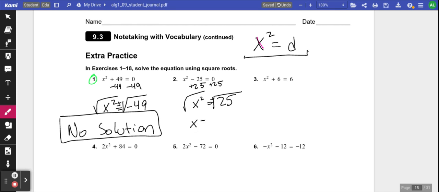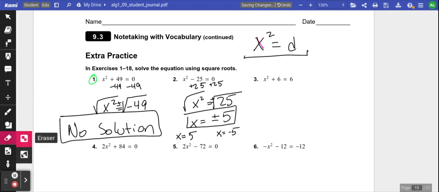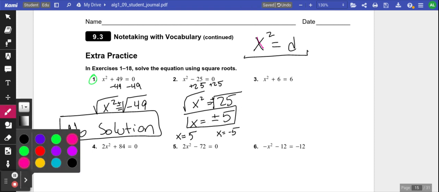So I get x is equal to positive or negative 5. You could also write x equals 5, x equals negative 5. It doesn't really matter. This is fine, and writing them out separately is also fine. It means the same thing. The plus or minus just makes it a little shorter.